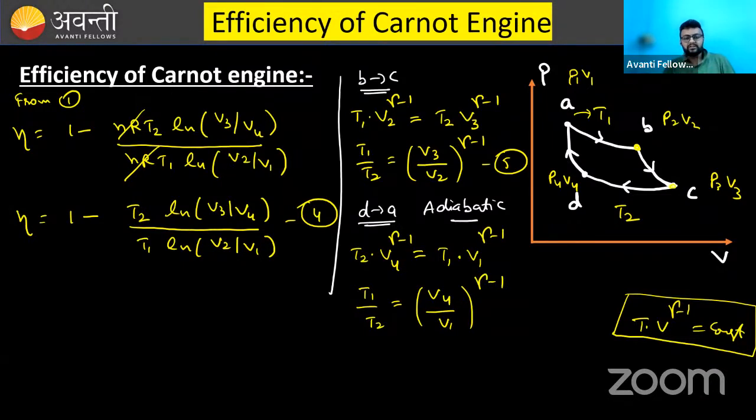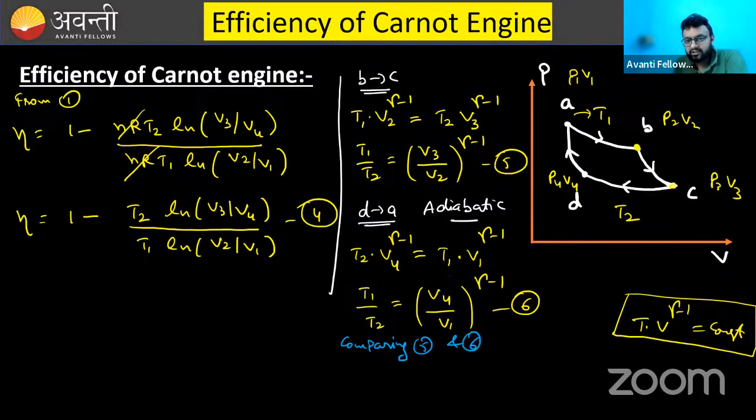I think this step is again clear. From equation 5 and 6, you can see that LHS is the same, so RHS will also be the same. So I am comparing 5 and 6.